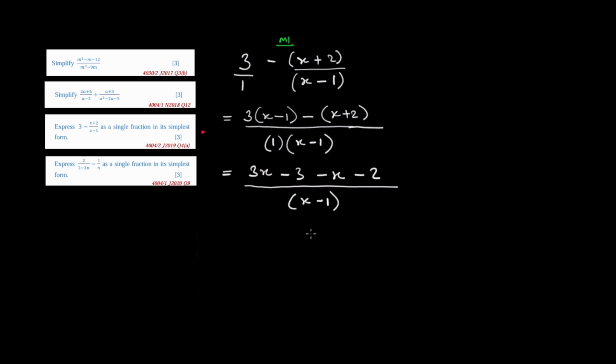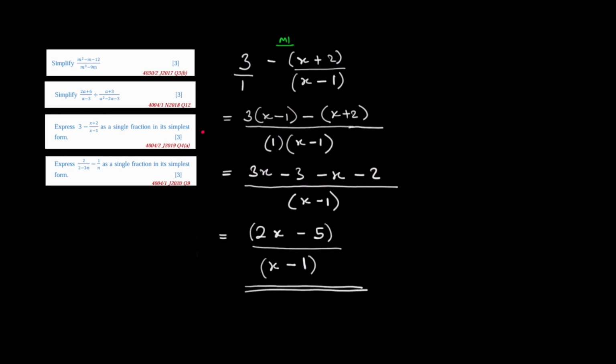So this then is equal to: 3x minus x gives 2x, minus 3 minus 2 is minus 5, over x minus 1. Whether you leave your answer in brackets or not, it is still a correct answer.